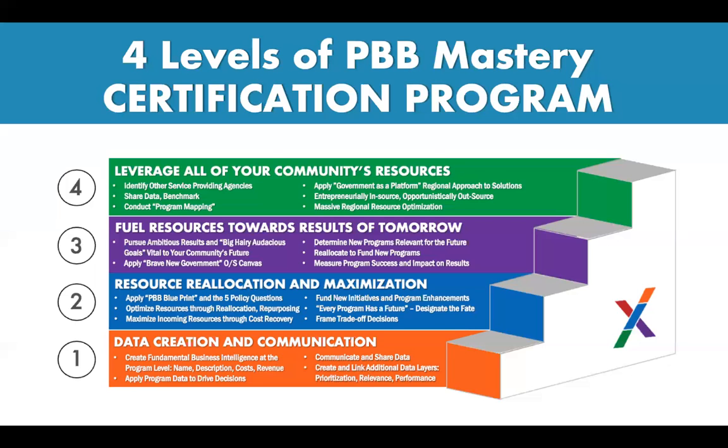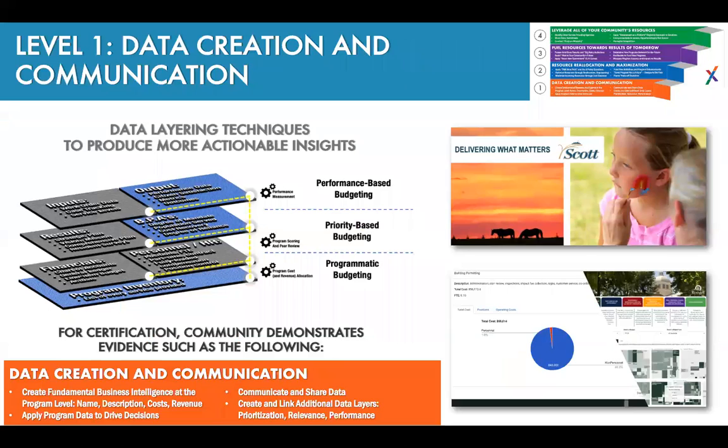If you set your sights on level 4, you want to talk about regional partnerships, and that is your sole goal, I don't want to mislead you that you have to go through level 1 to get to 2, to get to 3 before you can even talk about 4. They're just 4 sets of PBB goals. So I will dive into level 1 and take them in order nevertheless.